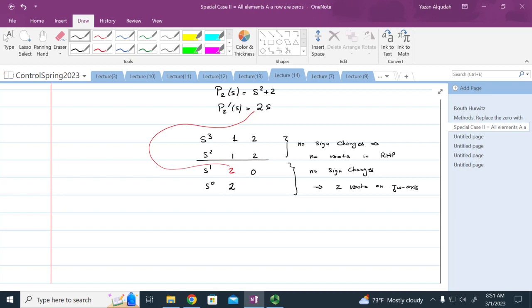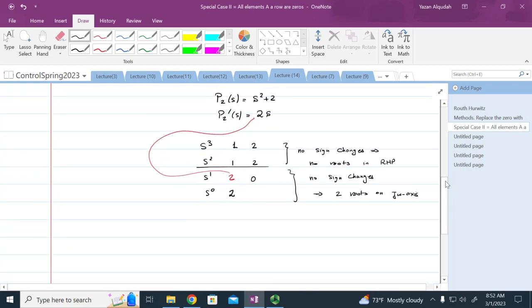Anybody not confused? Everybody is confused, isn't it? Here I'm saying there are no sign changes, so there are no roots in the right half plane. There are no sign changes here, so 2 roots on the j omega axis. That's very confusing, isn't it? Okay, so let's clarify why that is the case.